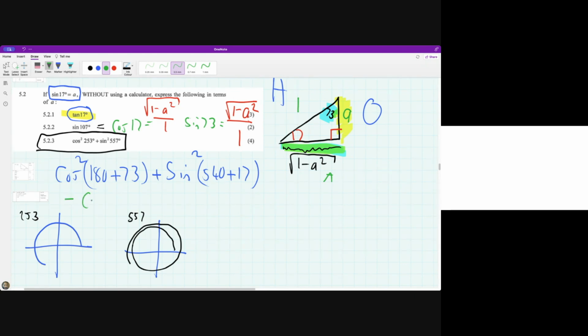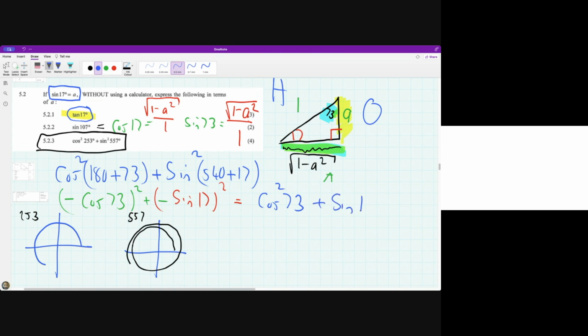So this will be negative cos 73, and then that whole thing will be squared. And here, where is sine? Sine will also be, so it'll be plus, and then this will be negative sine 17 squared. Now, what happens when you square something is the negatives will go away. So actually, you're going to get cos 73 squared plus sine.